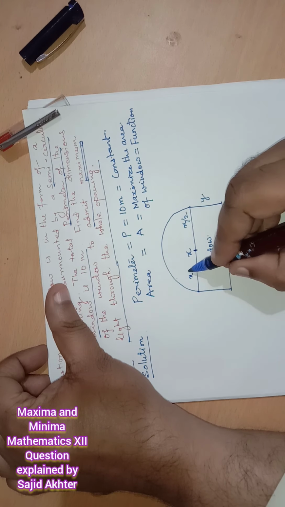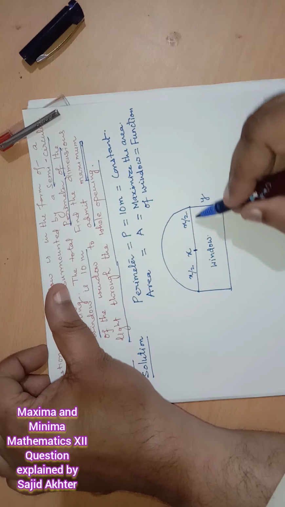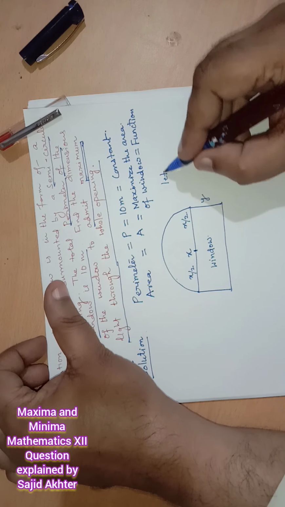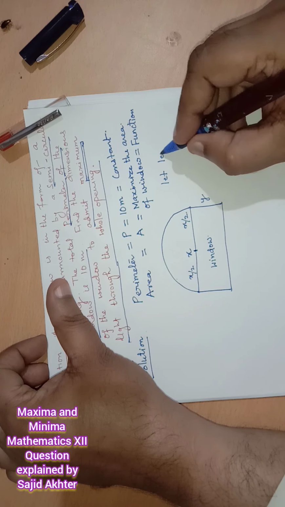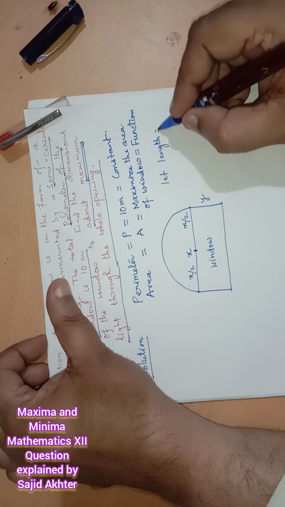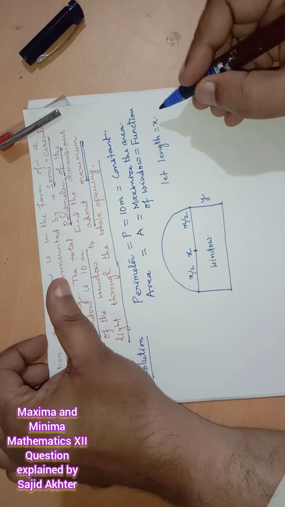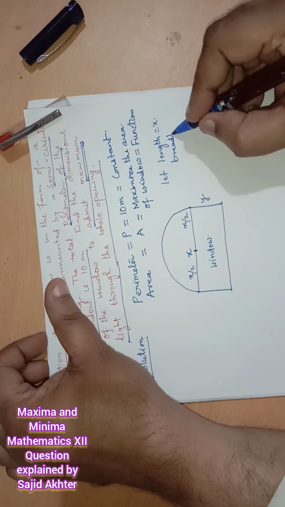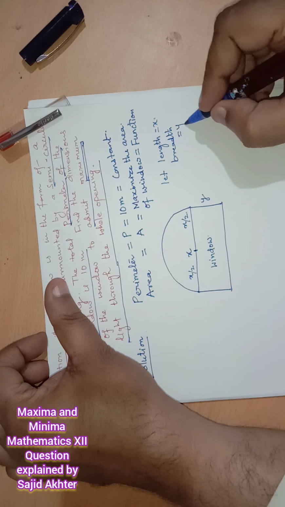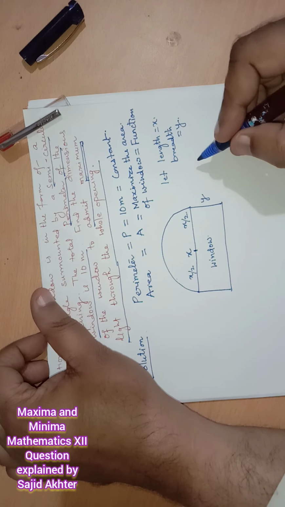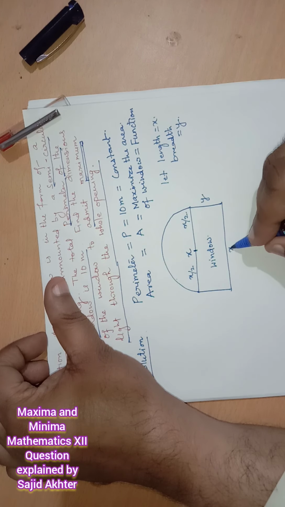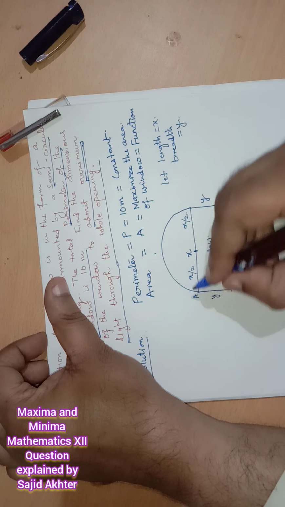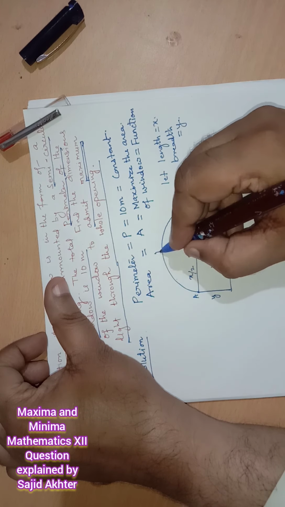This is also x by 2, and here we have taken the length. Let the length of the rectangular portion of the window be x, and the breadth or width of the rectangular portion be y. So this is x and this is also y. And suppose this is A, this is B, and this is P.